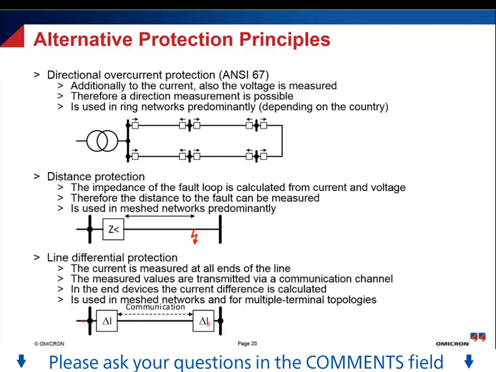If you not only have a 2-terminal line, but a 3- or 4-terminal line, then the classical protection philosophies get problematic, and therefore you need something else, like, for example, line differential protection.